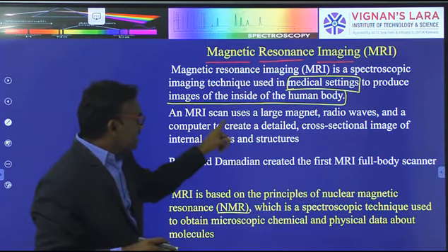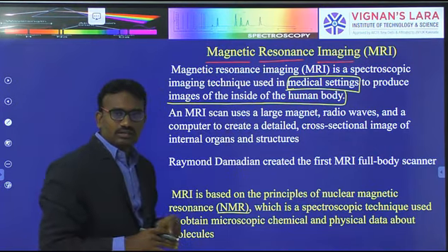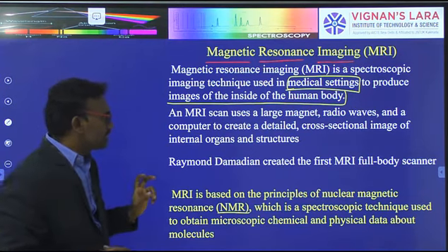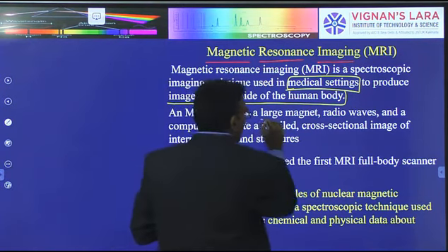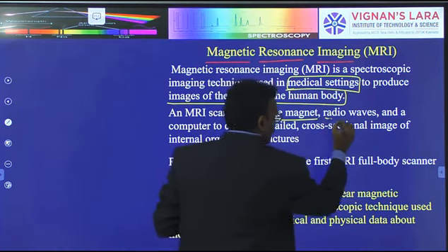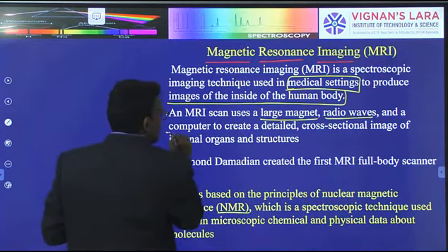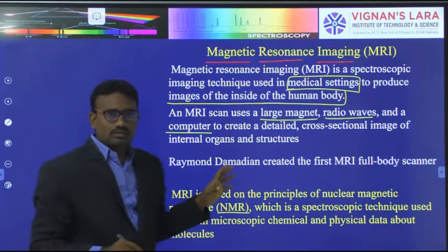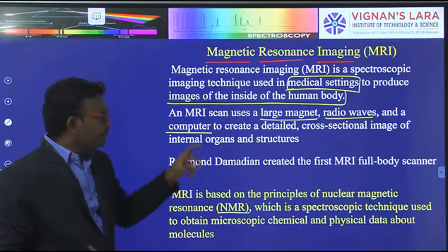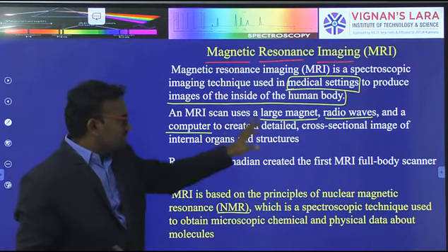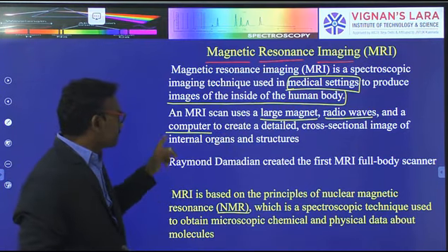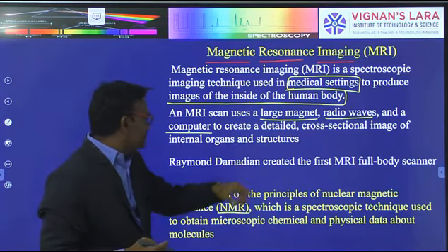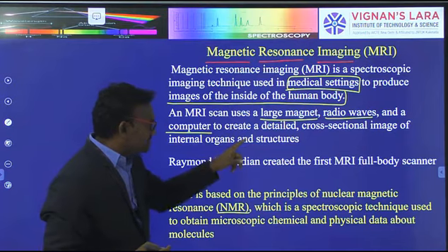MRI scanning uses a large magnet in this instrument, radio waves and a computer. These three main components are used to create detailed cross-sectional images of internal organs and structures.